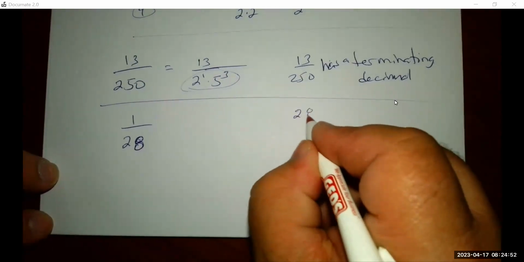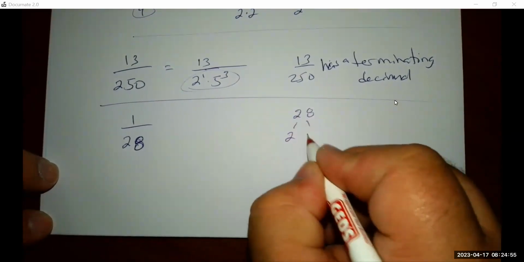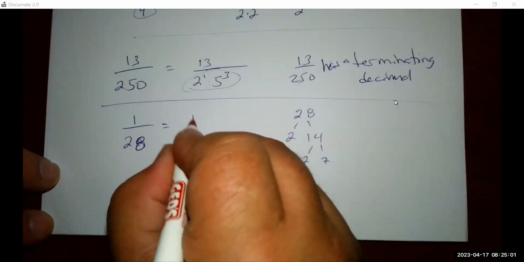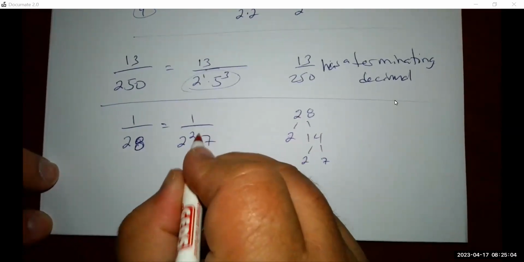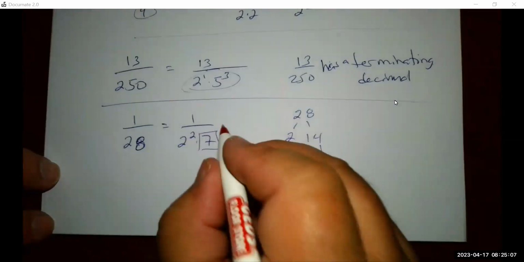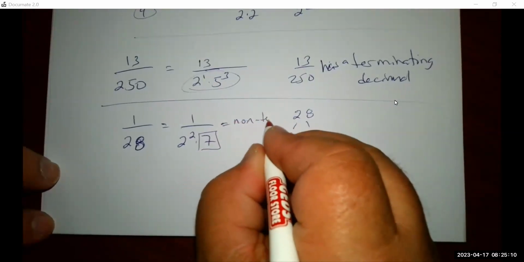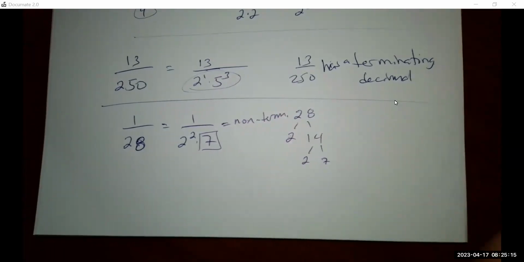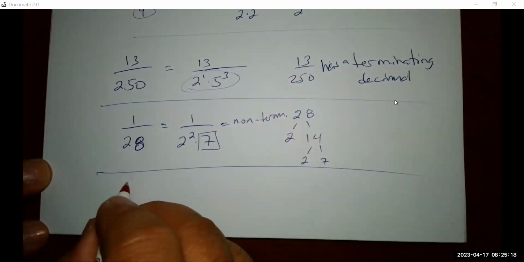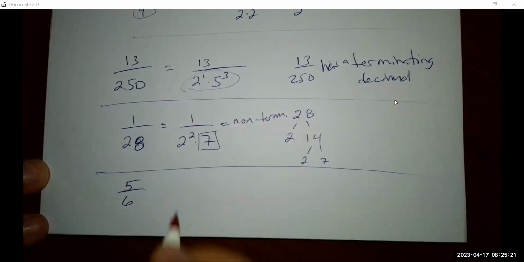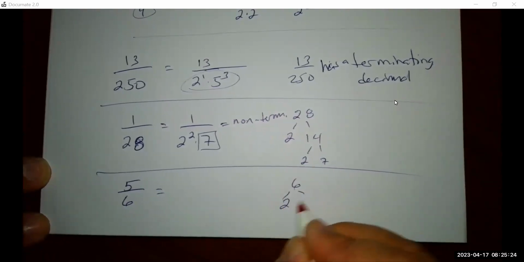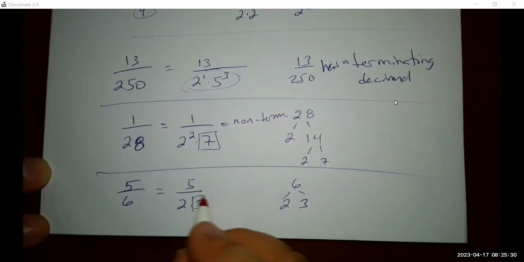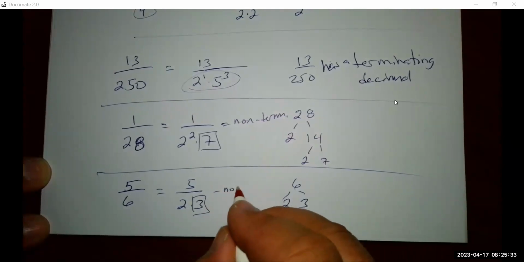Well, 28 breaks down into 2 and 14. 2 times 7. 2 squared times 7. Since that's not a 5 or 2, it's non-terminating. Five over 6. 6 is made up of 2 times 3. Since 3 is not a 2 or a 5, it's non-terminating.